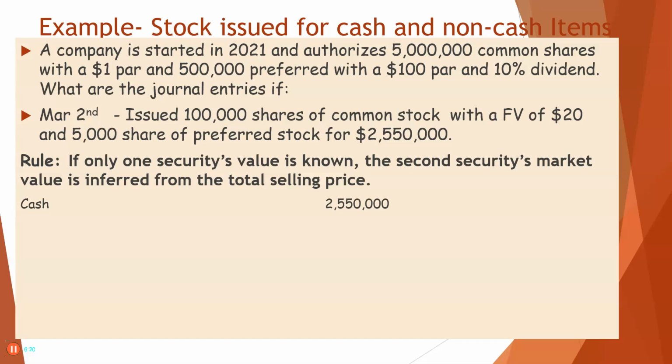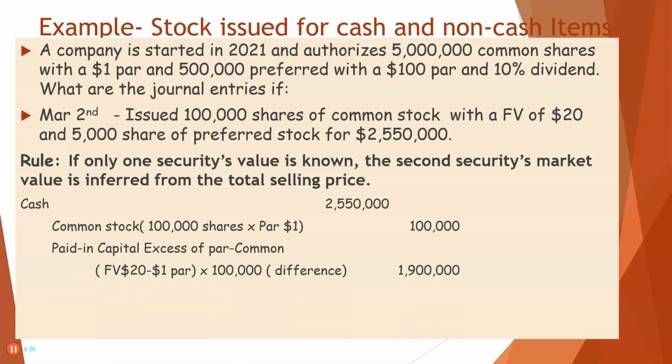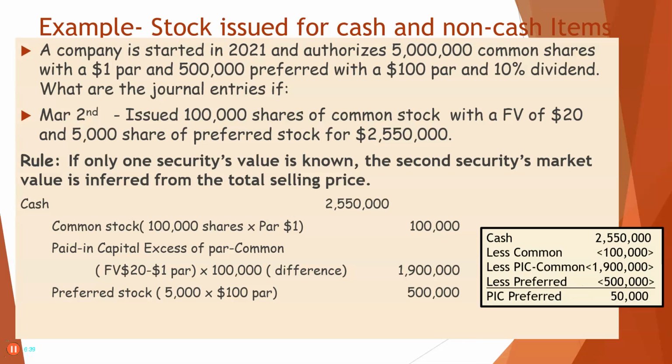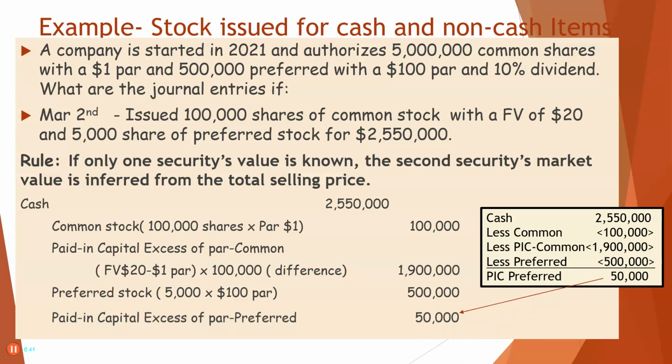So, cash is 2.55 million. Common stock is going to be 100,000 shares times $1. Paid-in capital is going to be the $20 minus the $1 times 100,000. The preferred stock is going to be 5,000 times $100, and then the plug is going to be additional paid-in capital, par, for the preferred stock. See how that works? So you use what you know, and then you apply the difference.